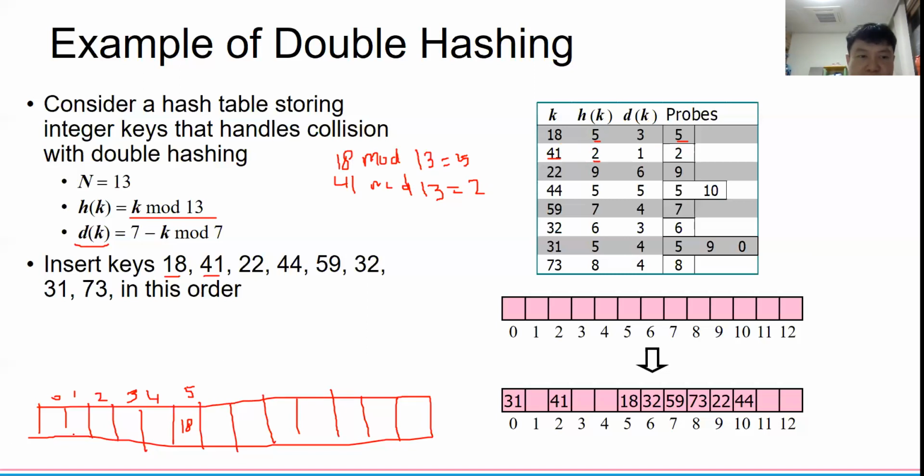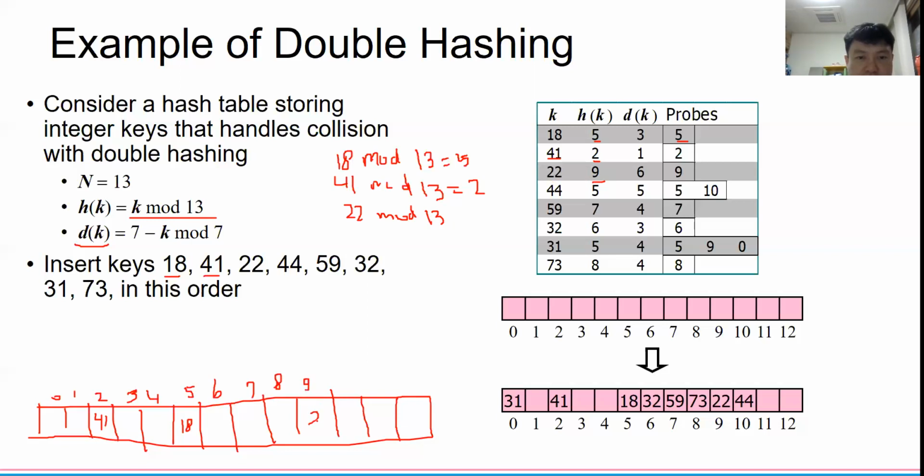So is there any value on index 2? No, then I just put 41 here. What about 22? 22 mod 13 is 9. Because there is no value on 9, you can just put it on index 9.